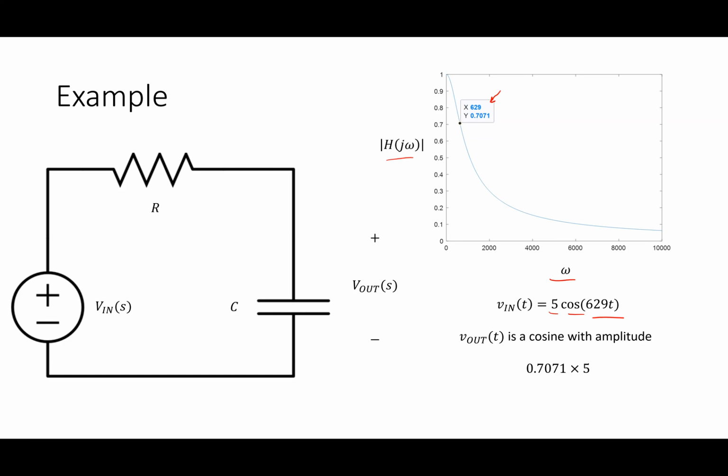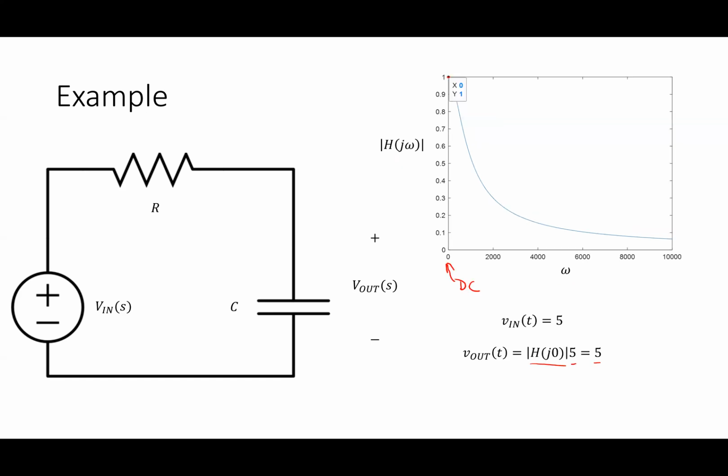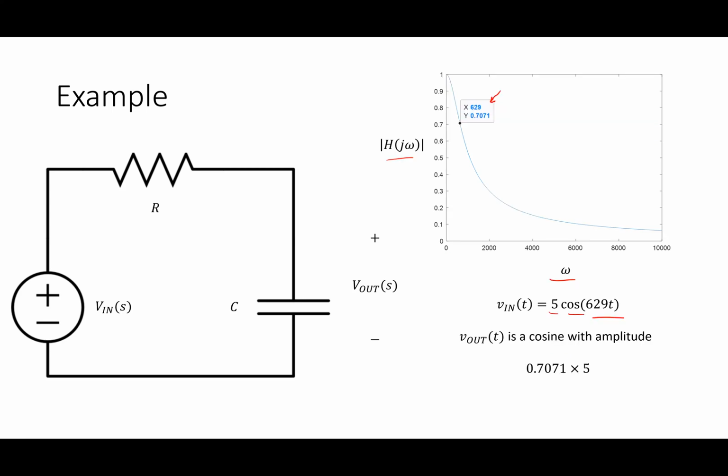Is that because lower frequencies don't get affected as much as higher frequencies? Lower frequencies close to DC move from the input to the output, right? So if I had an input at DC, the input and the output are equal to each other. When I had something a little higher up, in this particular case at 629 radians per second, what I got out was about 70% of what I put in.